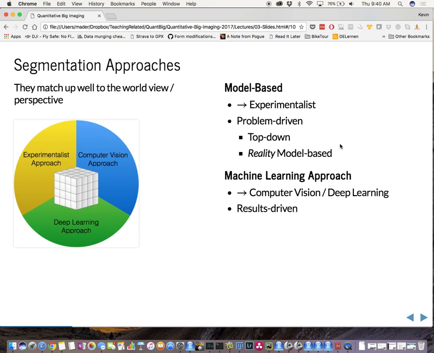With the second approach, you don't presume to understand very much about your system. You simply have some sort of ground truth or gold standard that you want to achieve, and you optimize your algorithmic approaches in order to achieve that. We'll cover both of these approaches today, what their differences are, and how they work together.